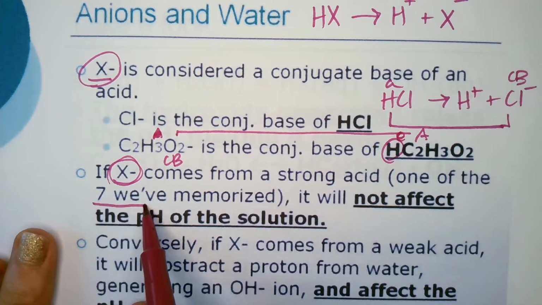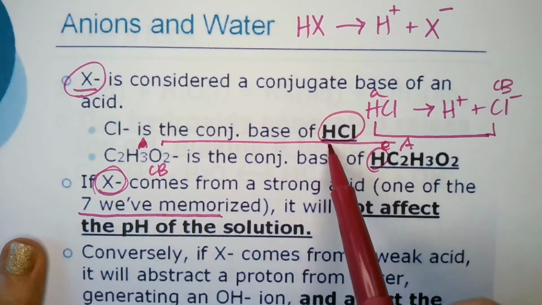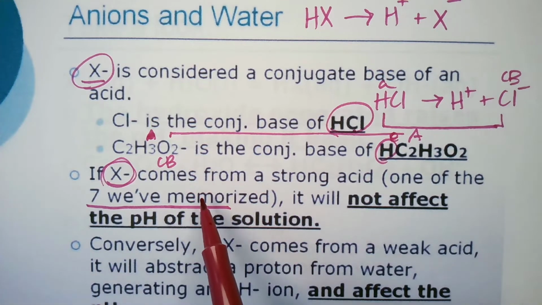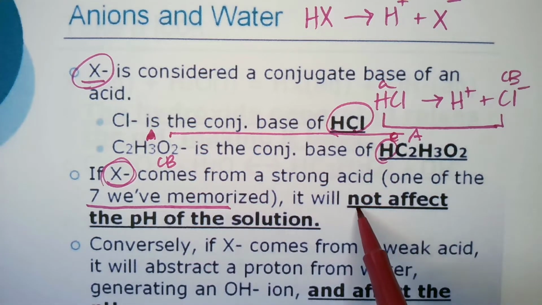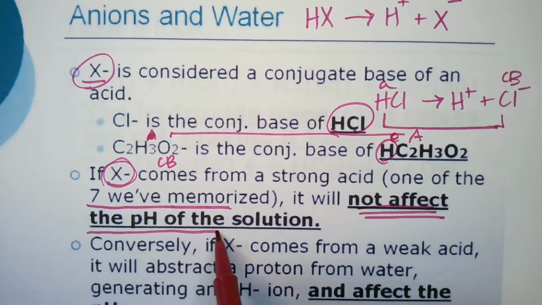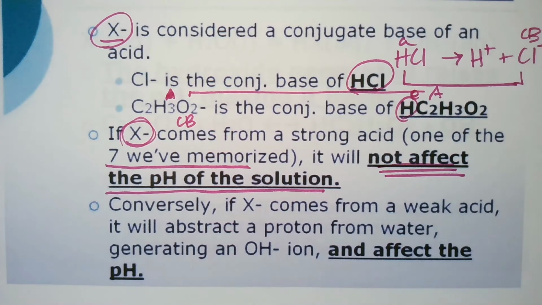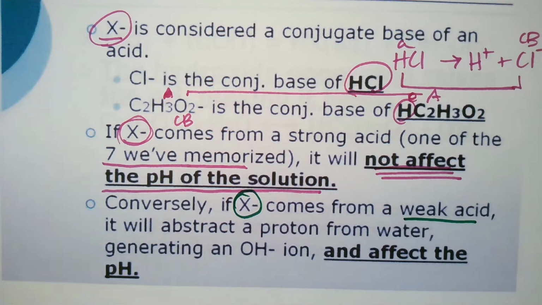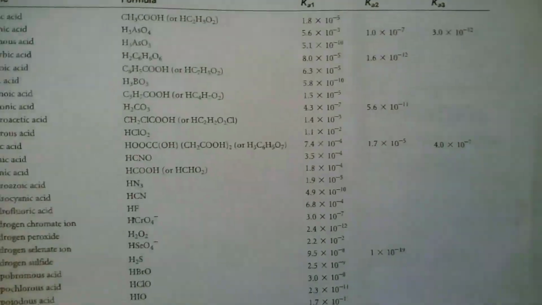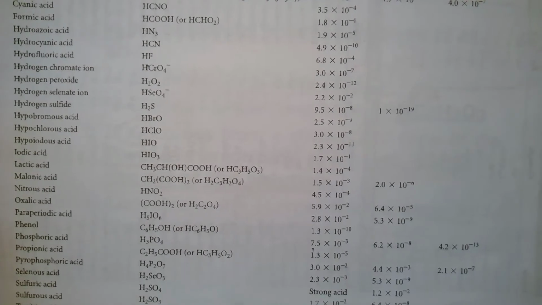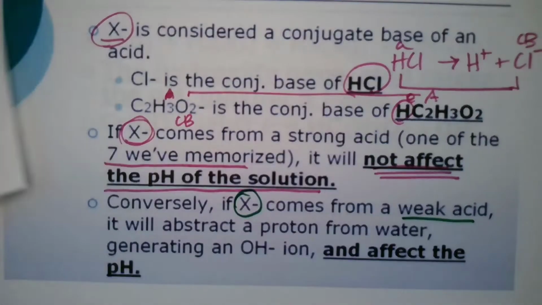Now, if X minus comes from a strong acid, right? One of those top 7 that we've memorized, like HCl, so that chloride, any of those top 7, it will not affect the pH of the solution. No effect. However, if that anion comes from a weak acid, we know weak acid is anything on our Appendix D, anything that has a Ka.